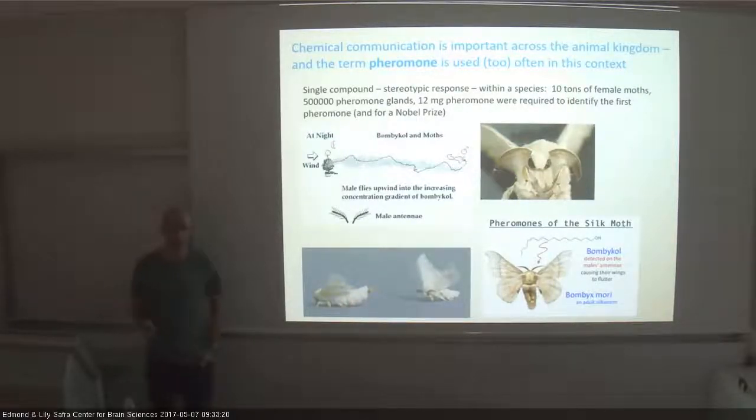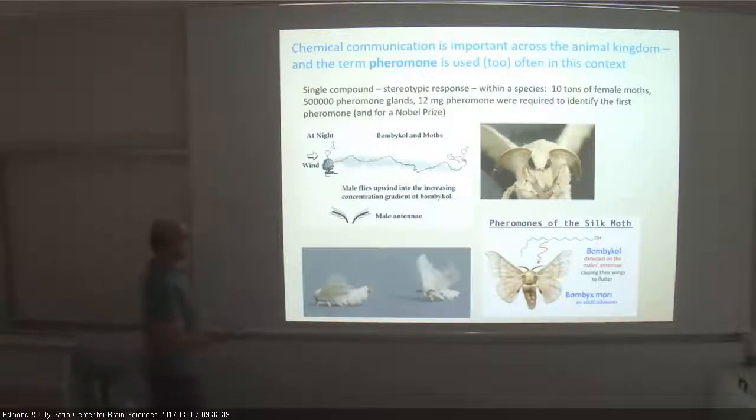The response can be physiological or behavioral. And all of the very clear examples are in insects, which are simpler organisms, and there it's more likely to find a molecule that elicits a very stereotypic behavior.